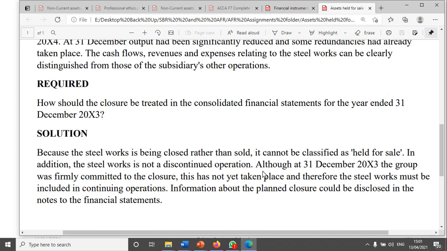In addition, the steelworks is not a discontinued operation because you have to meet all the provisions highlighted in IFRS 5. Although at 31st December 2023 the group was firmly committed to the closure, this has not yet taken place, and therefore the steelworks must be included under continuing operations. Information about the plant closure could be disclosed, however, in the notes to the financial statements.